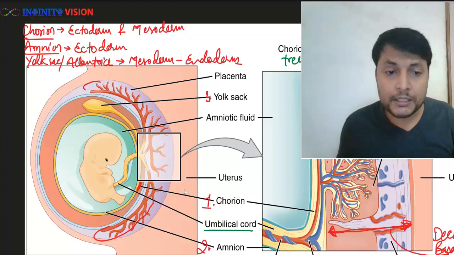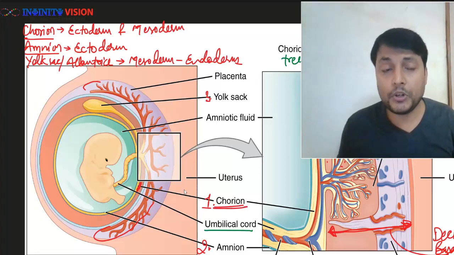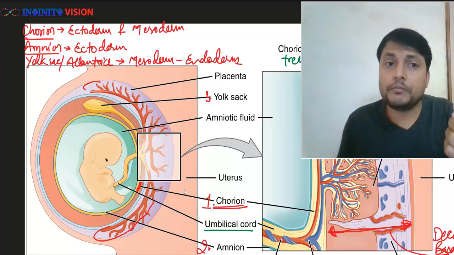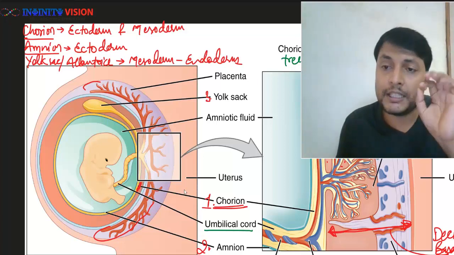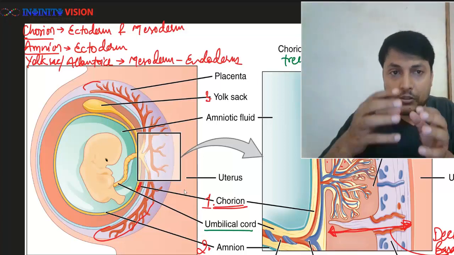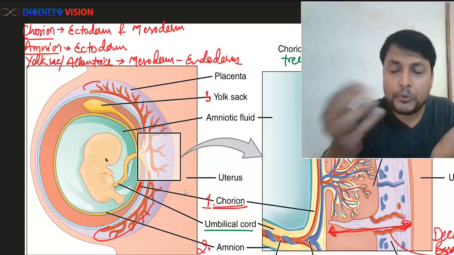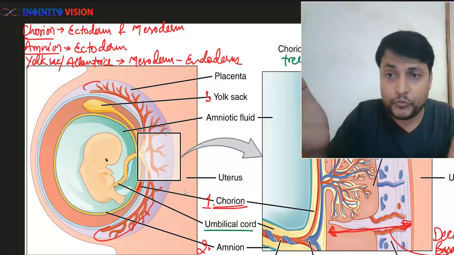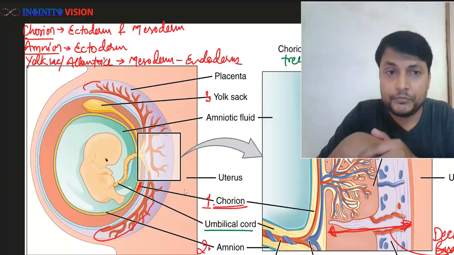The outer one is chorion, which is made up of two layers. One is ectoderm, the outer one, and the inner one is of mesodermal cells. The chorion is the outermost extra embryonic membrane which protects the embryo inside the uterus.